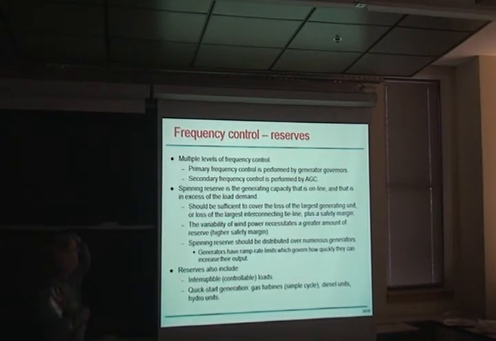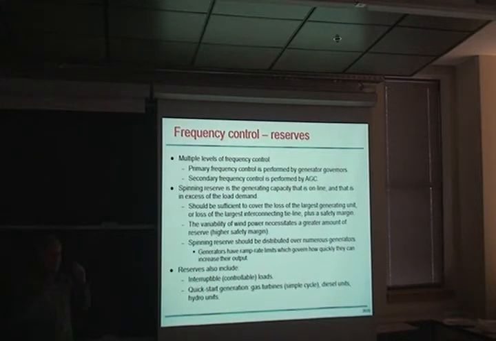Okay, so the reserves. The first level of control is a local feedback control, which I won't go into any details. The second level of control is this automatic generation control, and they're working all the time to keep generation and load balanced exactly or close to exactly.